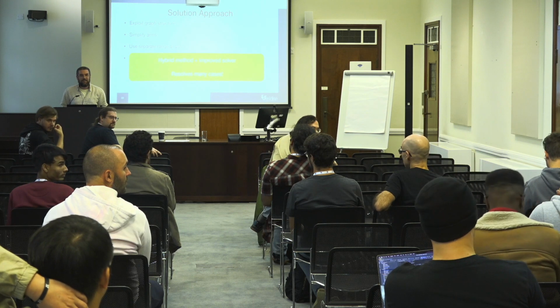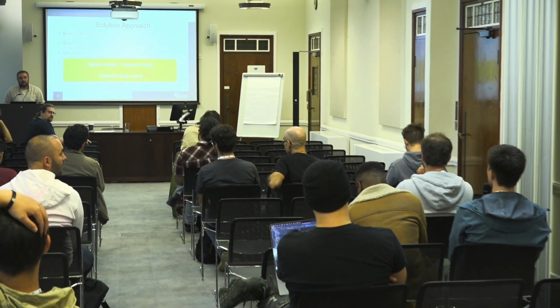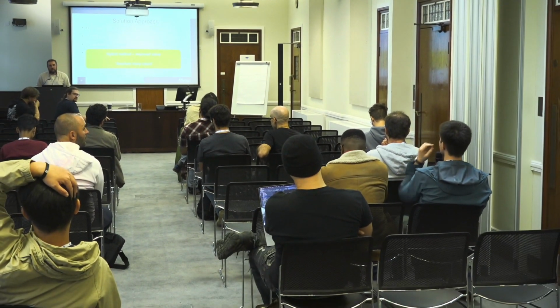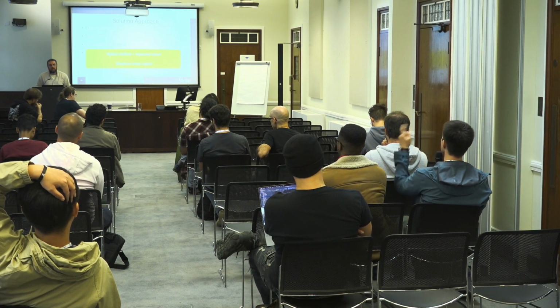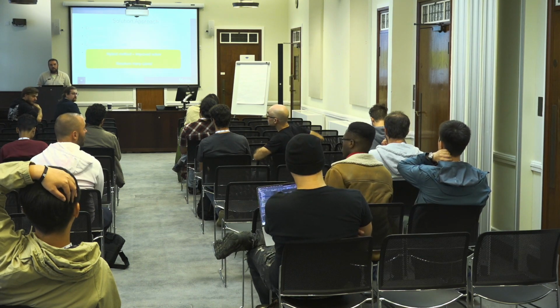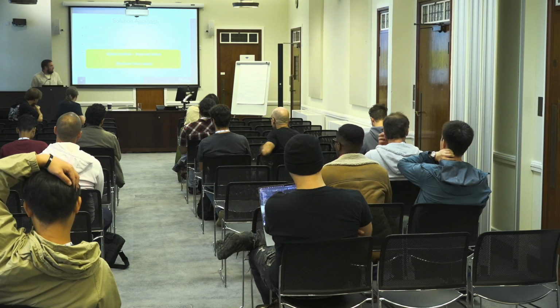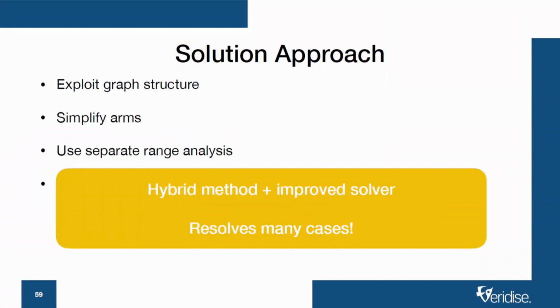I was wondering if you tried, specifically for CVC5 with the finite field theory core and for the range constraints, to take them out and express them as Boolean formulas over the finite field. Because CVC5 allows that. Yeah, when I said you use a separate range analysis, we tried that, and we even tried using an integer solver to do that, and that's how you really get the speedup.